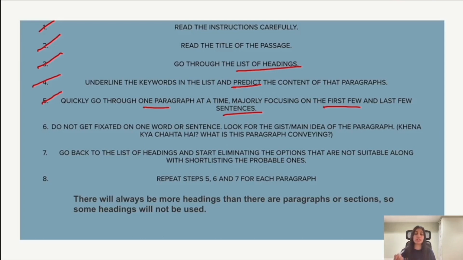I did not remember anything, and I was not paying unnecessary attention to unnecessary words. I was focusing on what this paragraph is trying to convey to me. And then ultimately you start eliminating the list of headings for all your paragraphs. You have to do this step, and that's pretty much it.